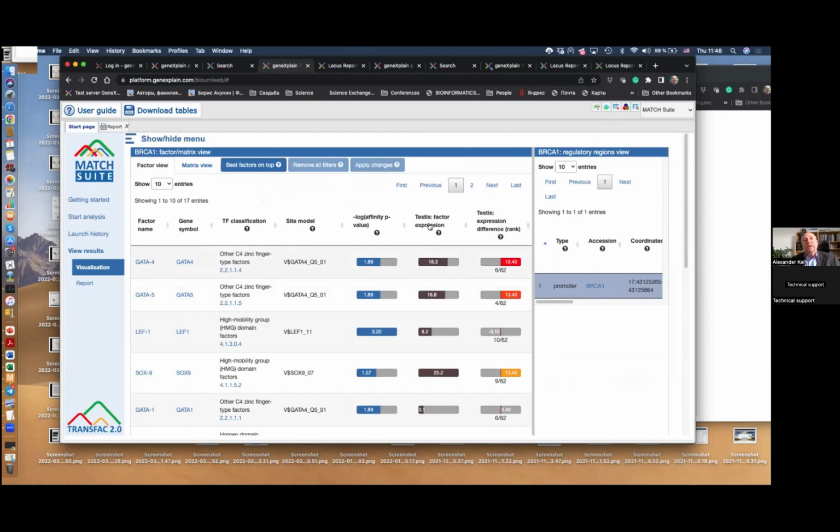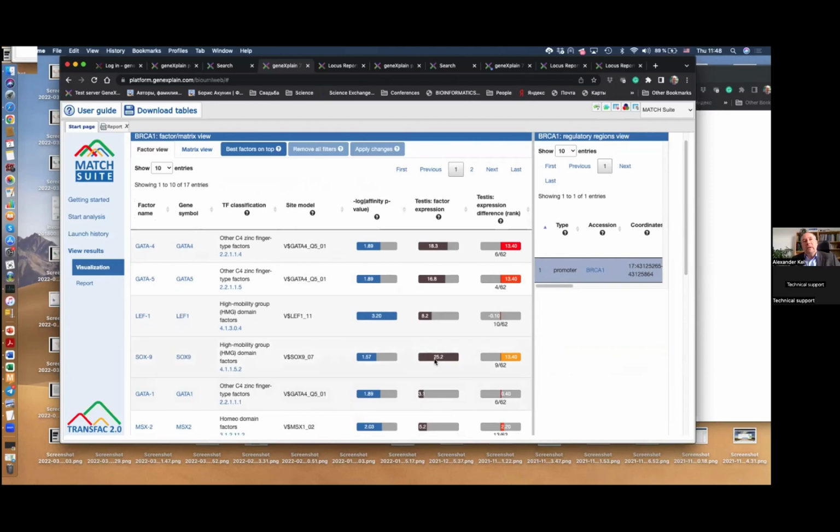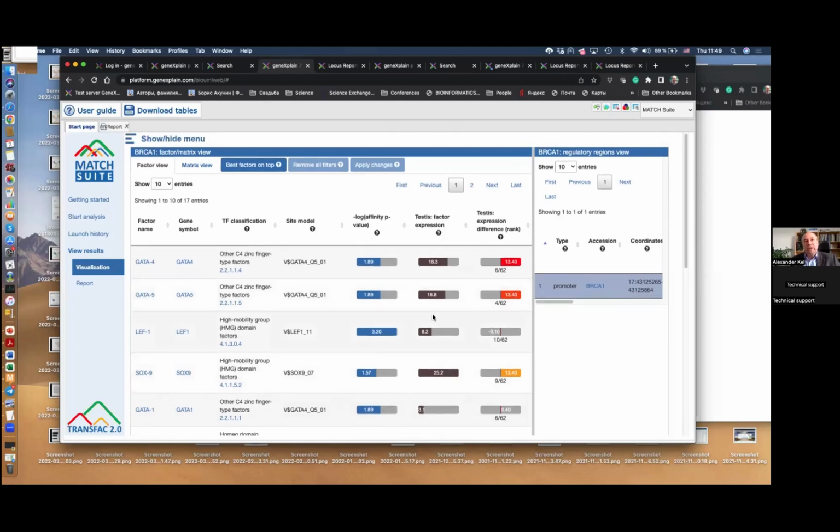One column just tells you the expression value in that tissue for that gene, and it has a color, like 25 is a maximum and 3 is a bit lower. So just to show you this average.